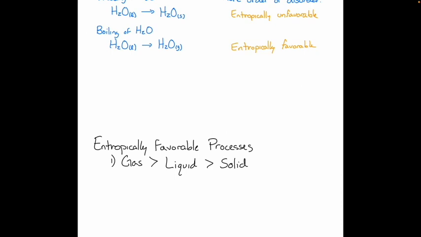All right, that's a huge contribution. There is a huge difference in the amount of disorder that you would have in a canister of gas versus a canister of liquid, right? So there's a big jump in entropy that you would see for these phase changes.